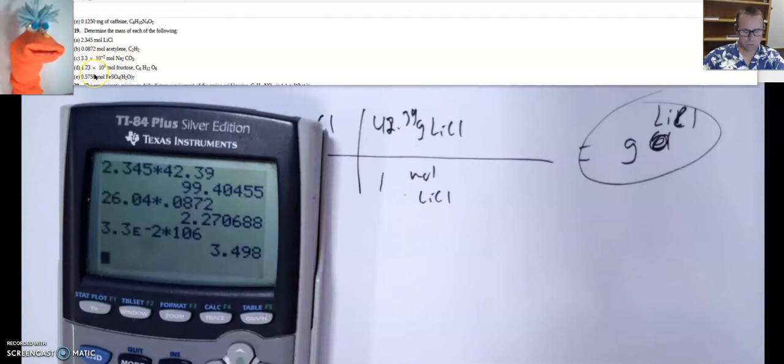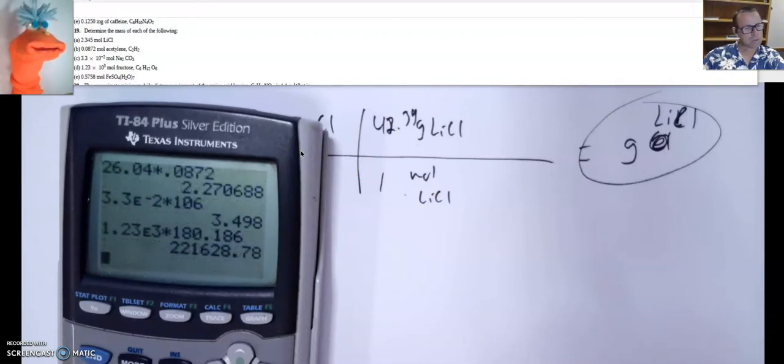All right, fructose, 1.23 times 10 to the 3 moles of fructose. Molar mass of fructose here. The molar mass of fructose is 180.16 grams per mole. Okay, so 221,600.